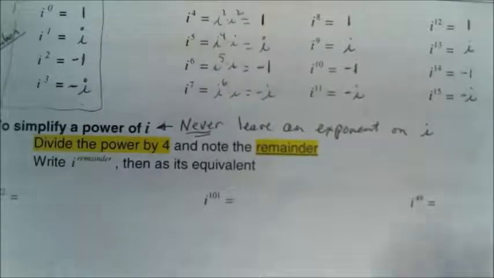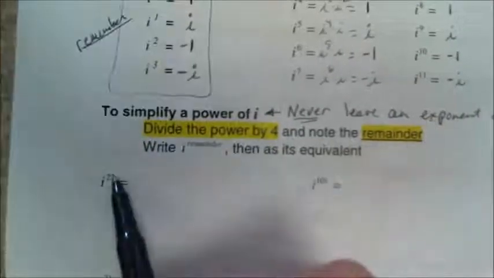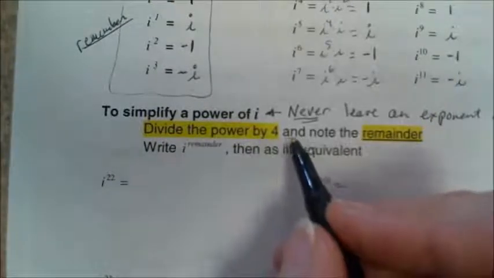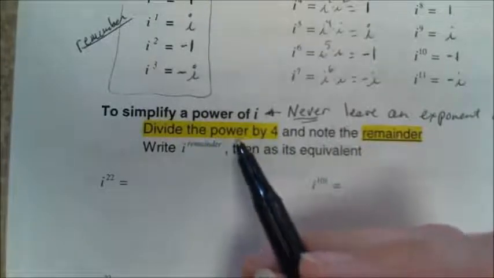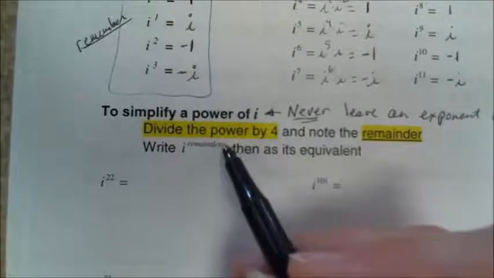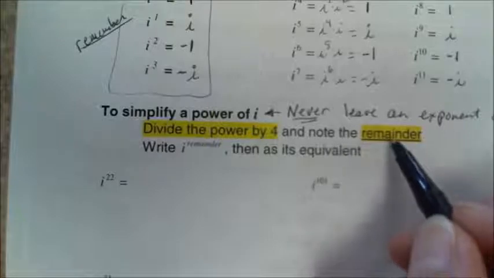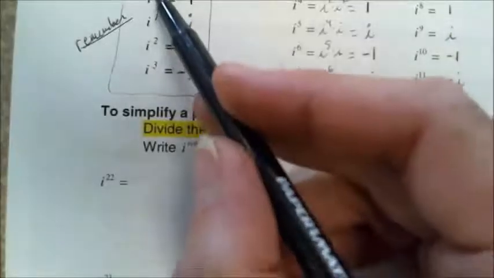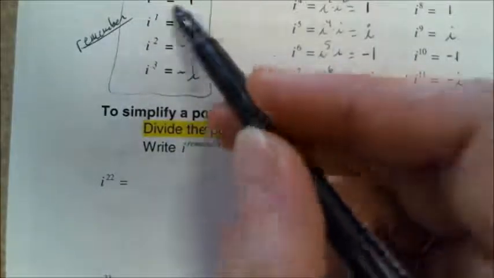So if you ever end up with i to an exponent, what you're going to do is divide the power by 4, and you're going to use long division because you're going to get a remainder. I'm going to bring you back to 4th grade when you had to divide the long division way and note the remainder. And whatever the remainder is becomes the new exponent on i. And then the new exponent on i is going to be either a 0, 1, 2, or 3, and it's going to become one of these numbers in the end.